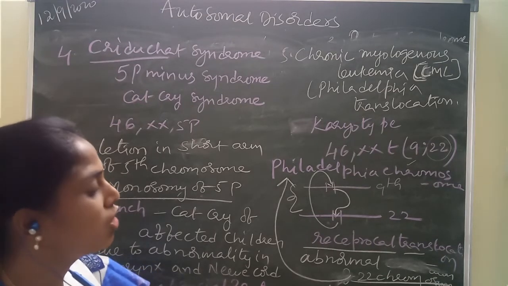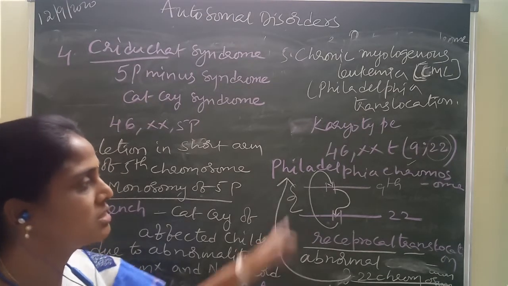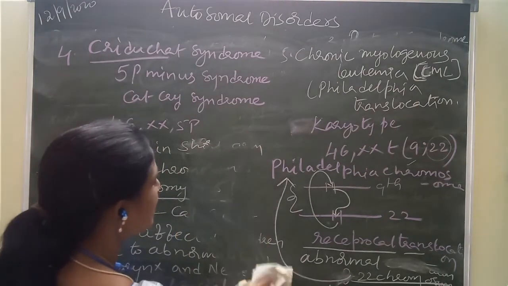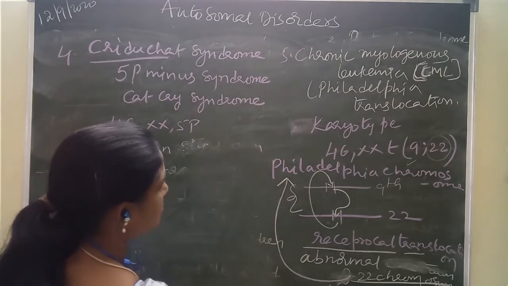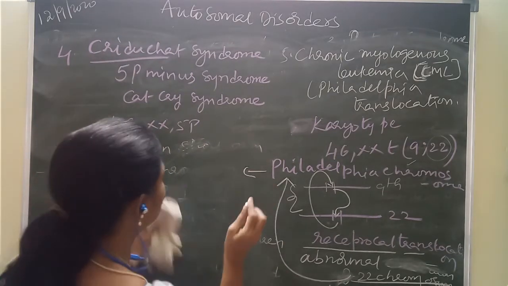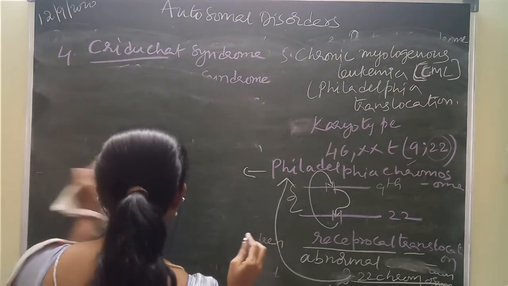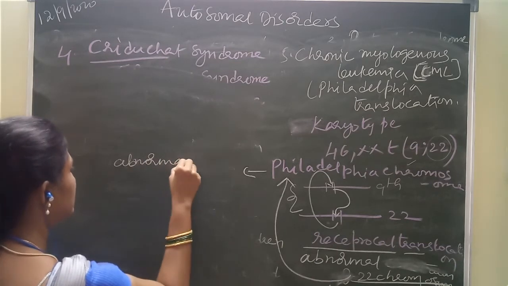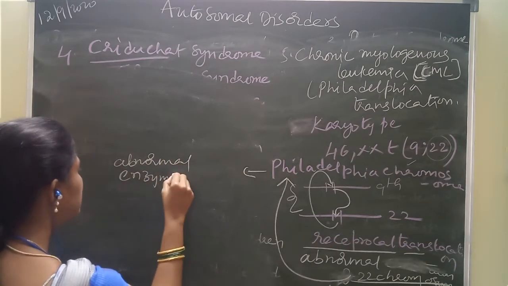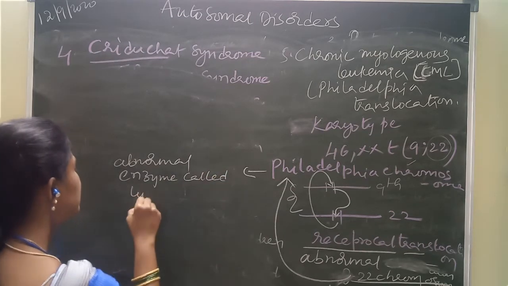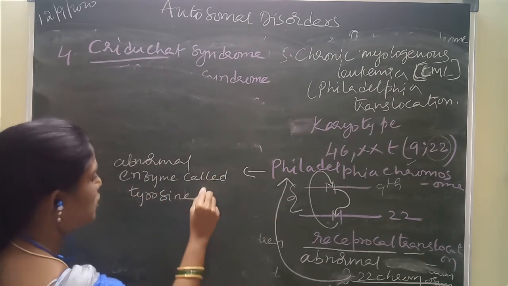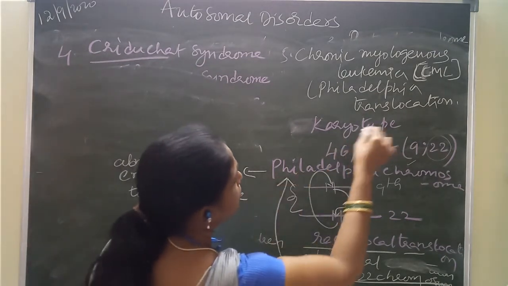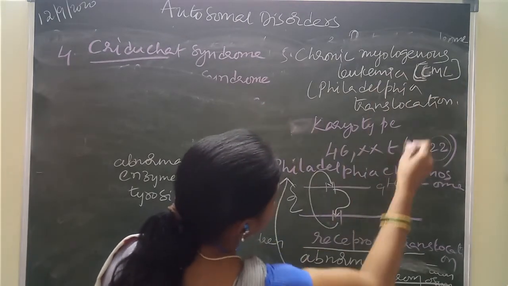This short arm of the 22nd chromosome, the Philadelphia chromosome, is helpful in producing an abnormal enzyme called tyrosine kinase. Because of this tyrosine kinase produced by the Philadelphia chromosome, we use T in the karyotype.